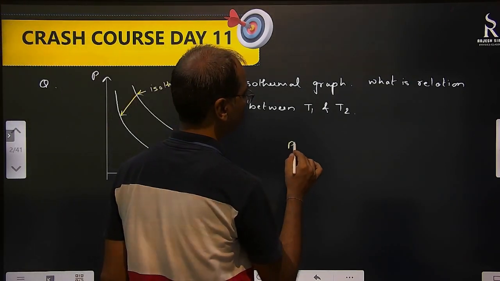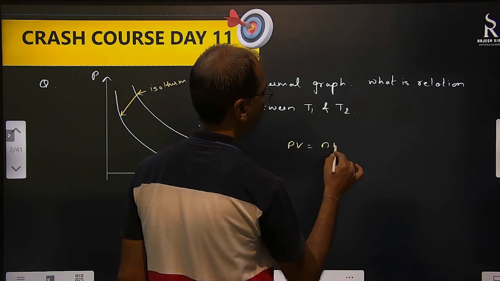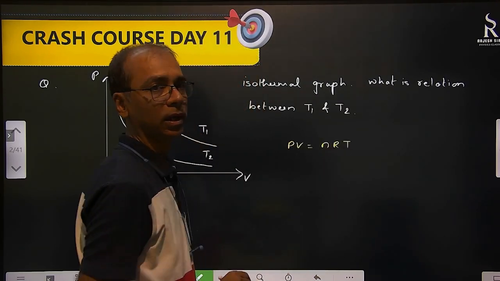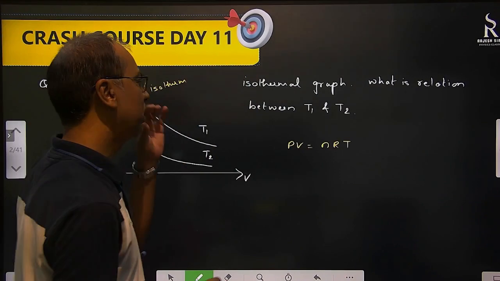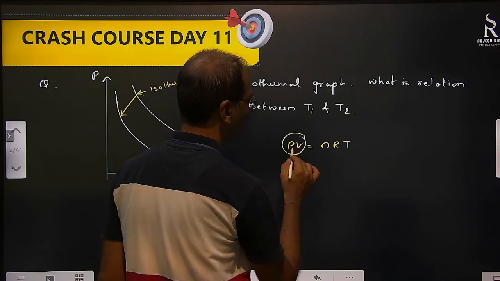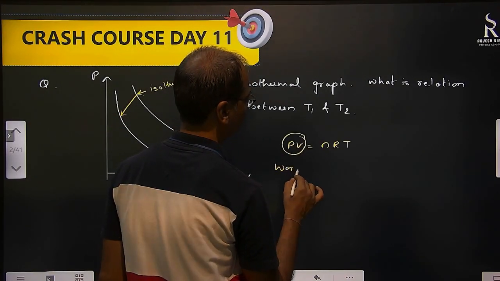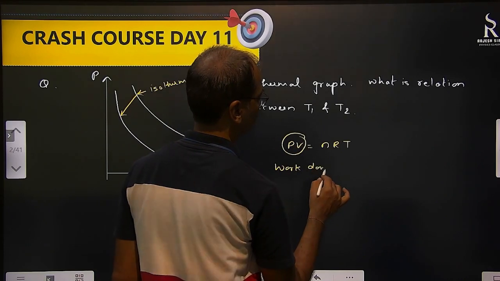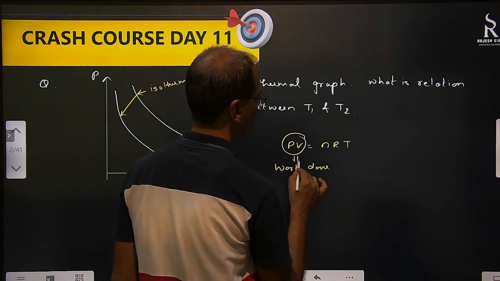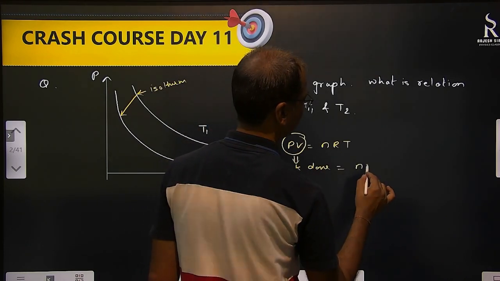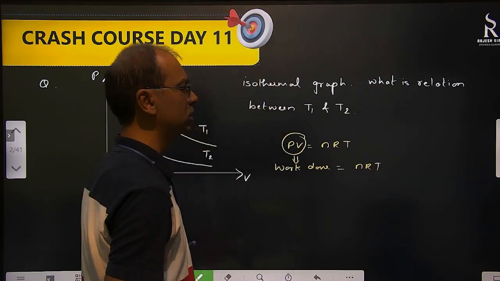We know that there is a relation PV equal to nRT, the ideal gas equation. And PV represents work done. That's equal to nRT.